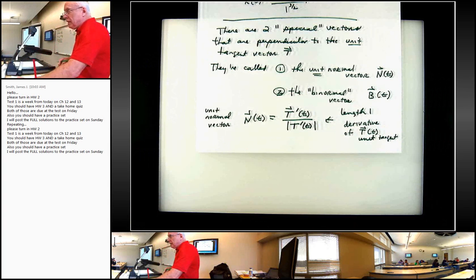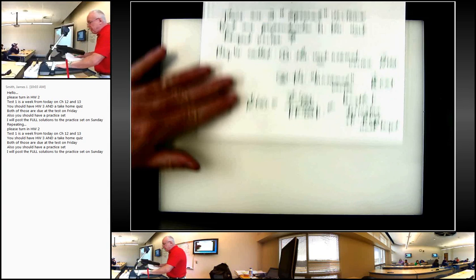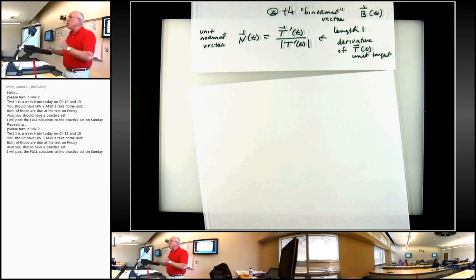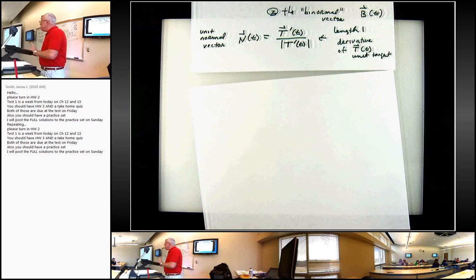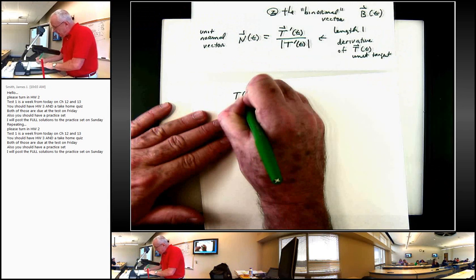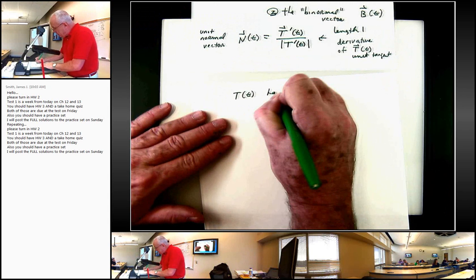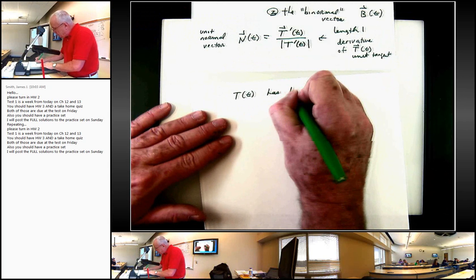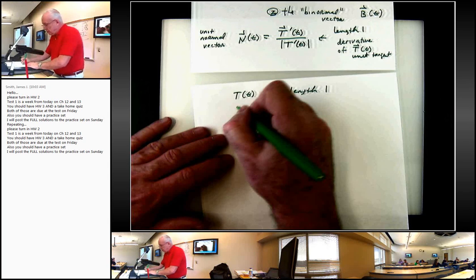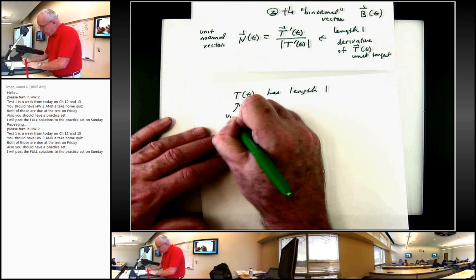Remember that thing, I think it was right at the end of class last time, that if a vector has a constant length, its derivative is going to be perpendicular to it. Notice T of t always has length 1 because it's a unit vector. This is the unit tangent vector.